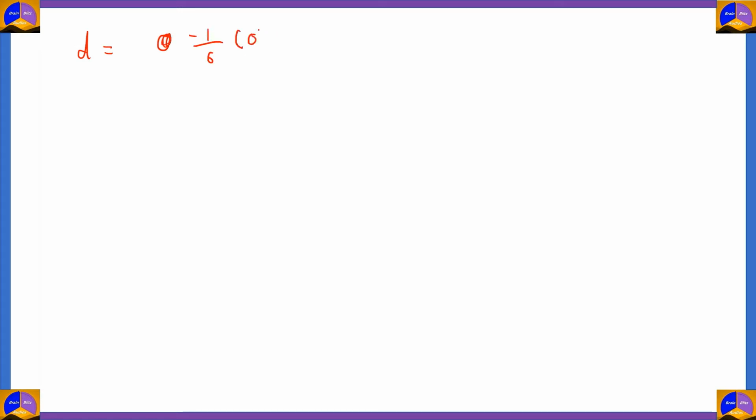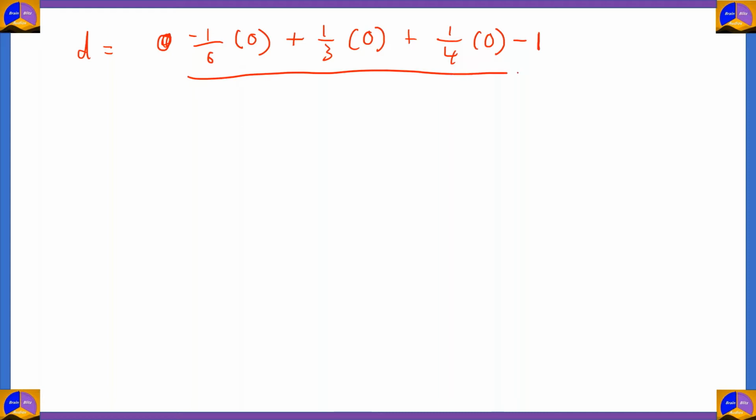-1/6 into x is 0, plus 1/3 into y is 0, plus 1/4 into z is 0. And the reason why it's 0 is that x, y, z are the coordinates of the point, and the point is the origin. And minus D, the value of D is 1. Whole divided by the square root of 1/6 the whole square, plus 1/3 the whole square, plus 1/4 the whole square.